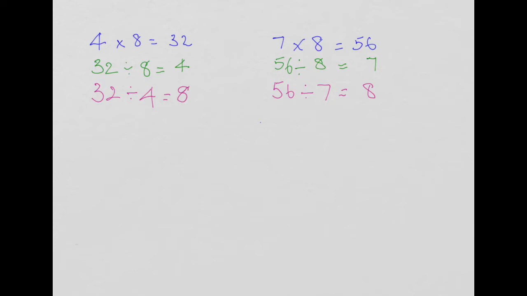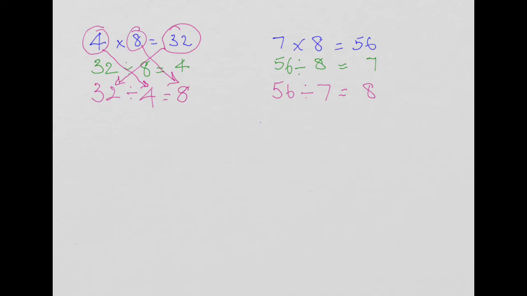Okay, so if you look at the pattern, the number here has gone to there, the number here has gone to there, and the number here has gone to there.